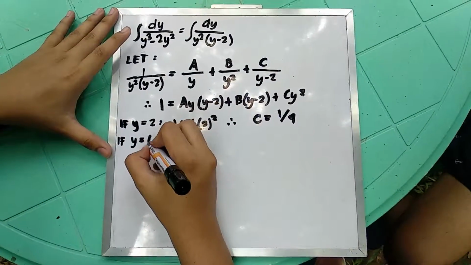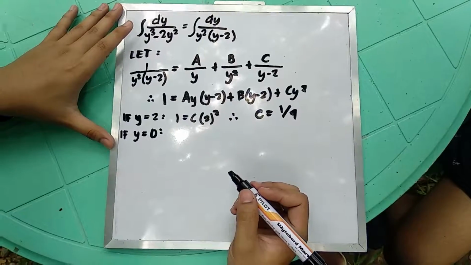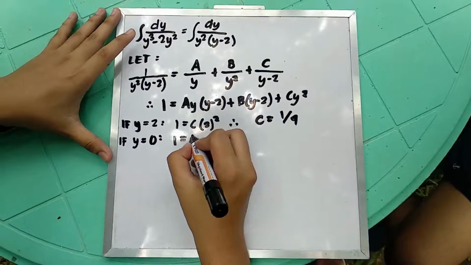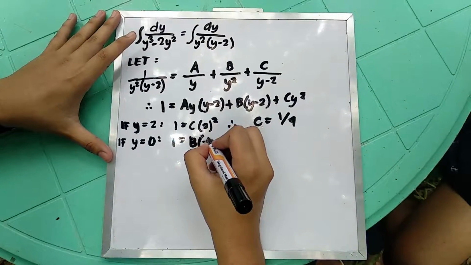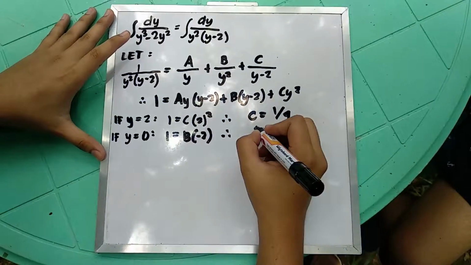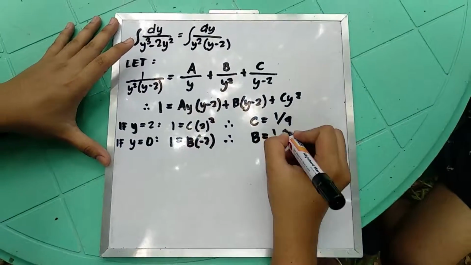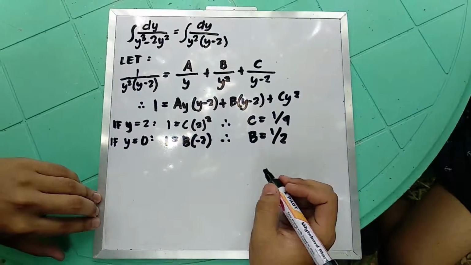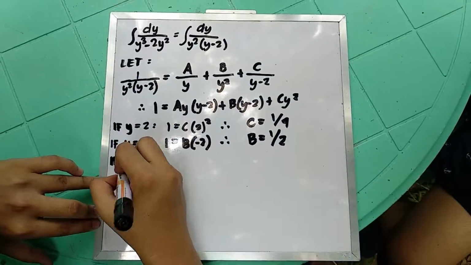If y is equal to 2, then 1 is equal to C times 2 squared. Therefore, C is equal to 1 over 4. If y is equal to 0, then 1 is equal to B times negative 2. Therefore, B is equal to negative 1 half.